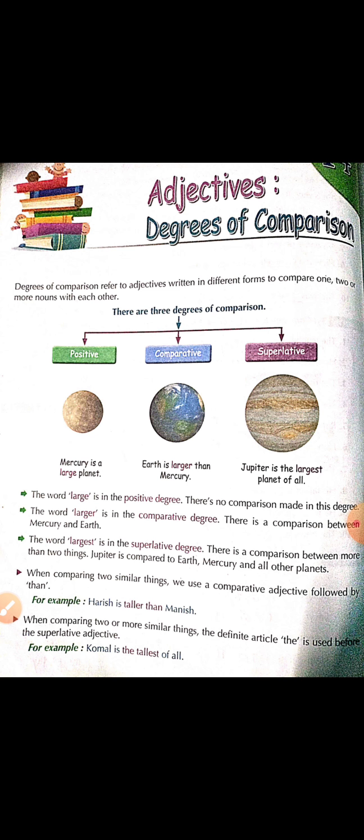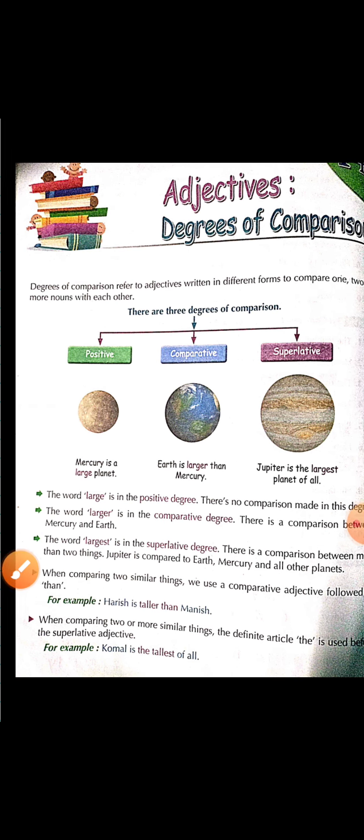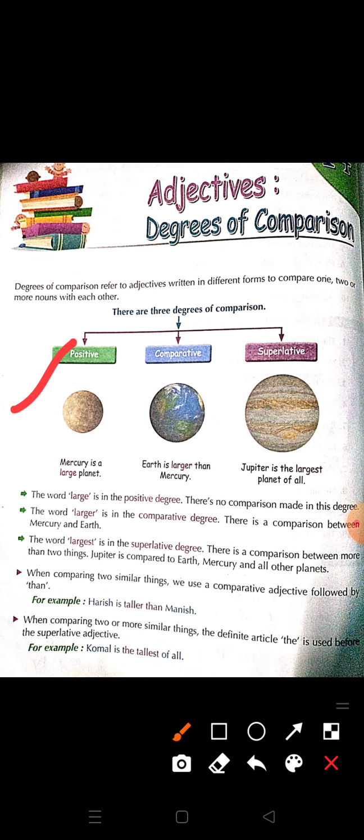For your better understanding, see the example. Here we can see the picture of 3 planets. Which are these planets? The first one is Mercury, the second one is our Earth, and the last one is Jupiter. In the first sentence, you can see, Mercury is a large planet. So, large is the original word.